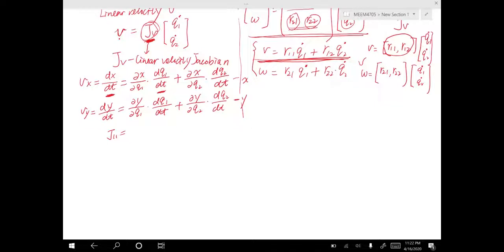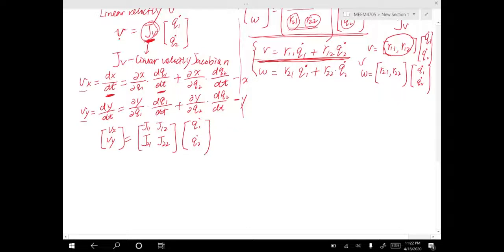If it is 2-dimension, this linear velocity has x and y components. So if we write the matrix, that's going to be Vx, Vy equals the linear velocity Jacobian times Q1 dot and Q2 dot. And the Jacobian should be J11, J12, J21, and J22.